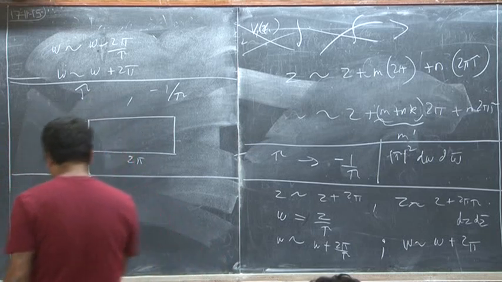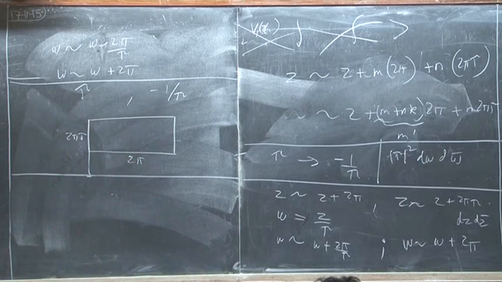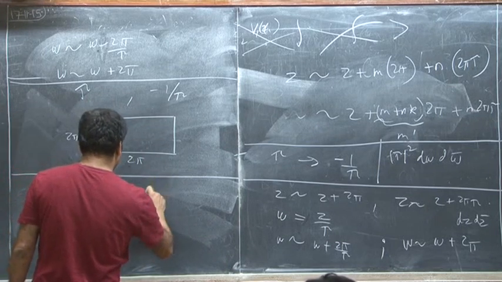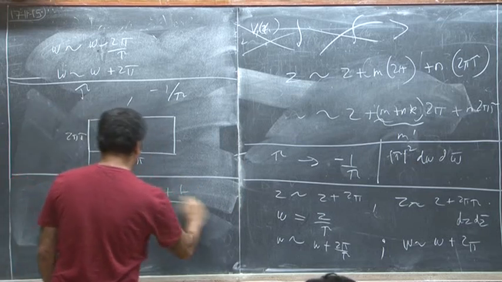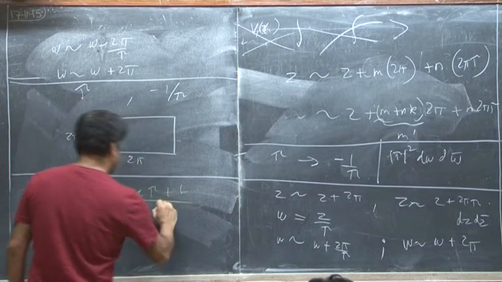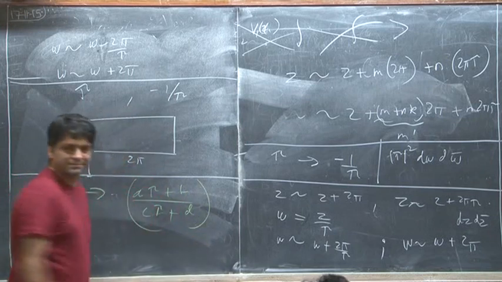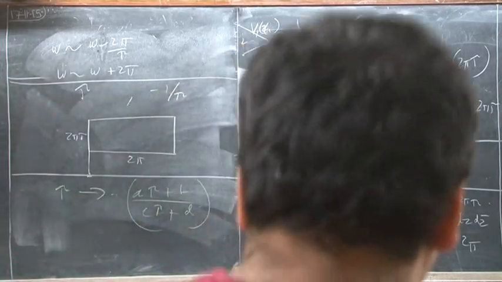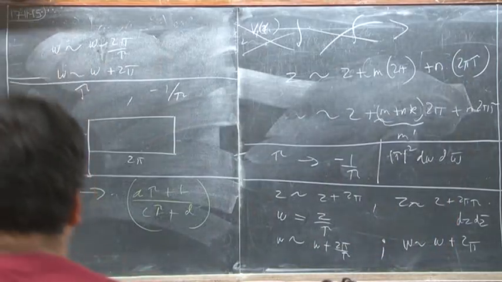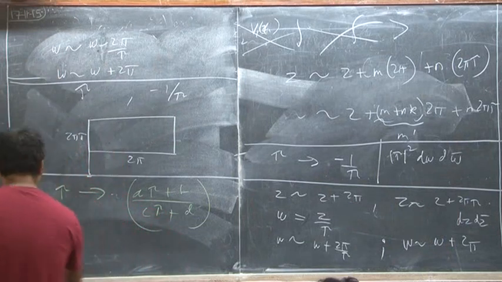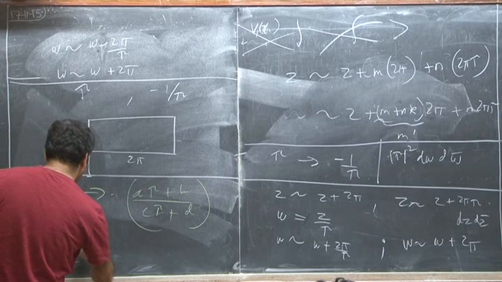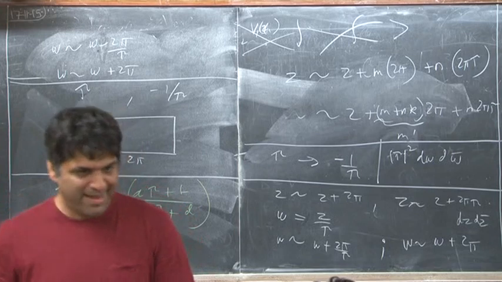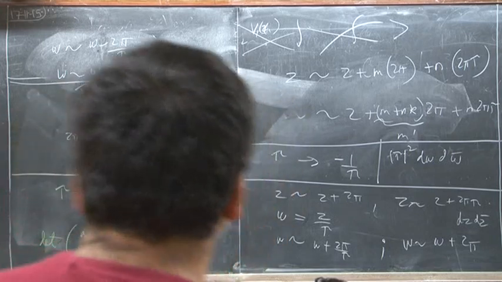Actually, if we have these two, you can generate a larger set of identifications: tau goes to (A tau plus B) over (C tau plus D), where the determinant of A, B, C, D is 1, and A, B, C, D are all integers. This is the group called SL2.